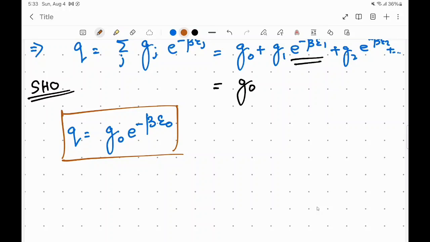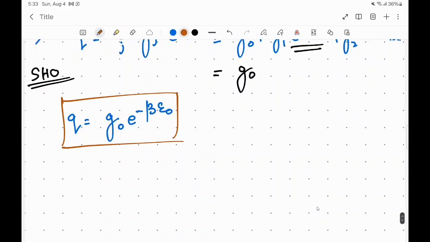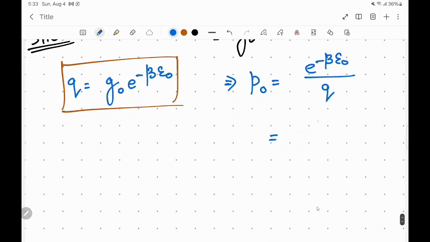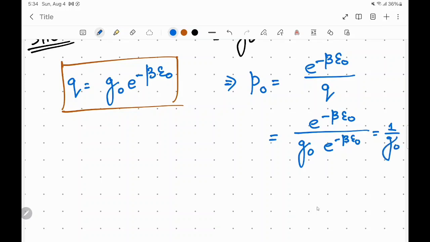Okay. And what will be the probability of that means P0? e to the power minus beta epsilon 0 by Q. So just put it. So it is e to the minus beta epsilon 0 divided by G0 into e to the minus beta epsilon 0. So it is 1 by G0.